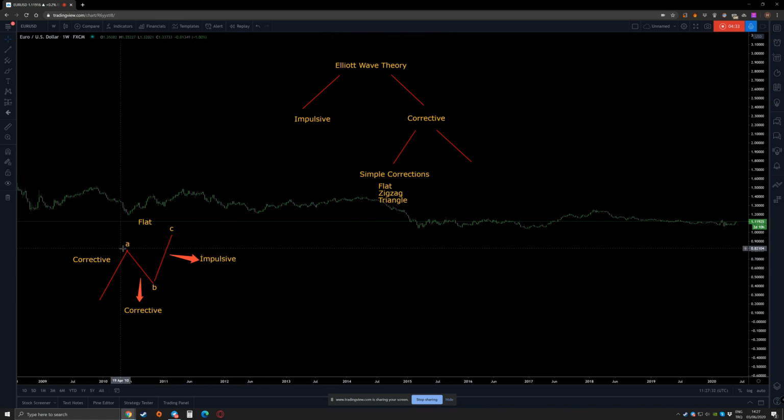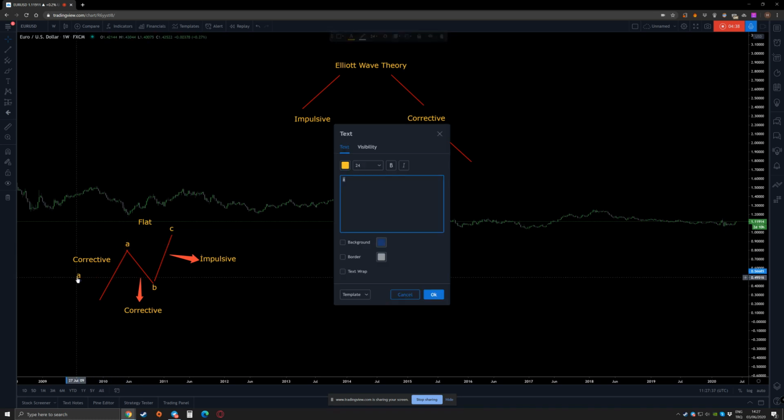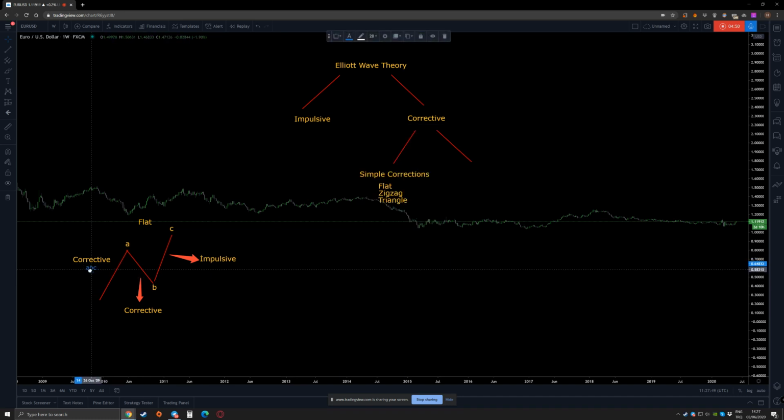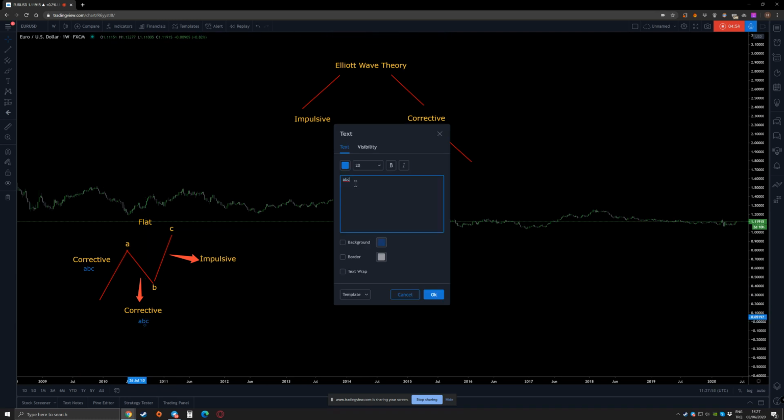When you're looking for a wave A in a lower degree, if, for example, this is a simple correction, it has to be an ABC in one lower degree because it is a corrective wave. On a B wave, let's say this is a complex correction, it has to be corrective as well.